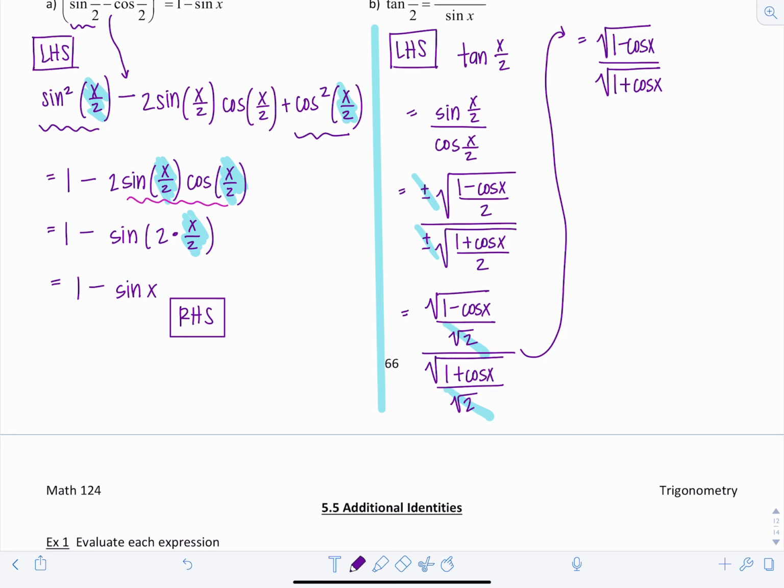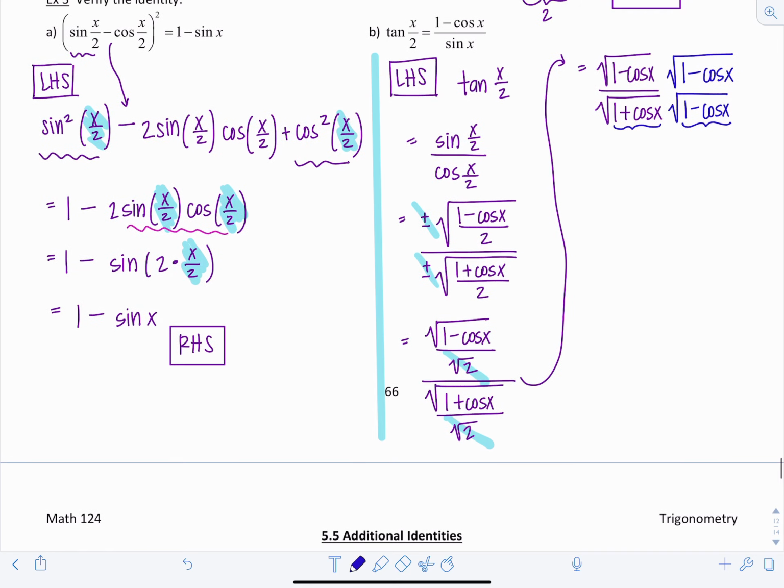Now what I want to do is multiply numerator and denominator by rad 1 minus cosine x. Why do I want to do that? Well, what I want to do is end up with 1 minus cosine squared x underneath the radical. That way I can use my Pythagorean identity to simplify.